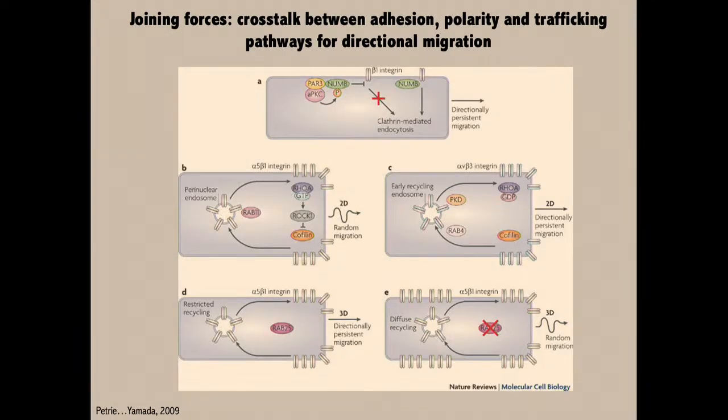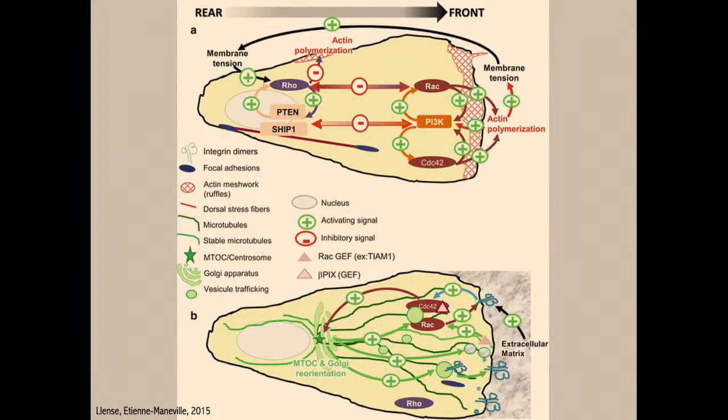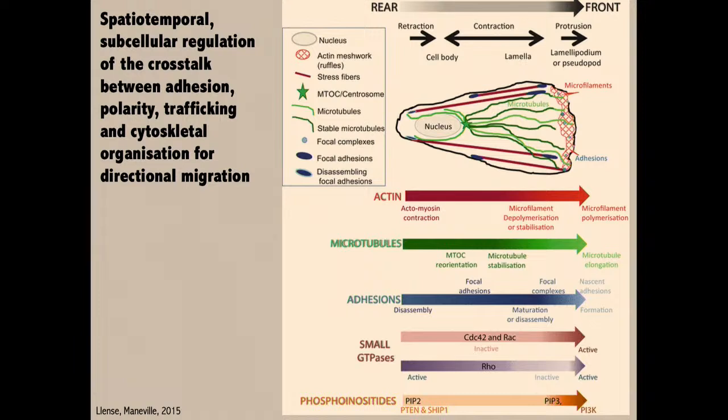Okay, so a simple way to think about how you can change the shape of a cell, for example, when it has to move, is that it involves a whole complex crosstalk between things on the membrane and things like the cytoskeleton and membrane trafficking inside. And here are some cartoons that show this complexity, to the extent that you might begin to think even within a migrating cell you have subcellular gradients.